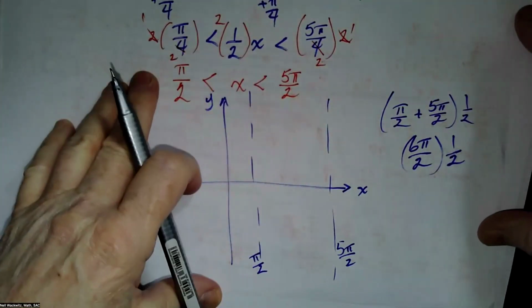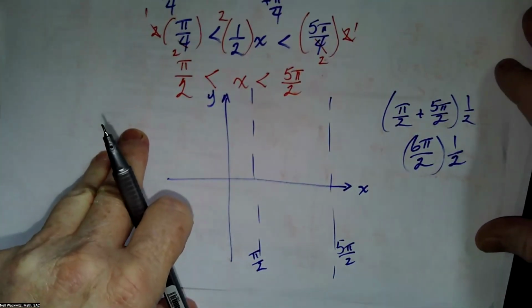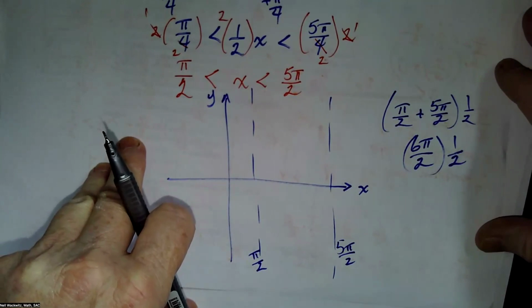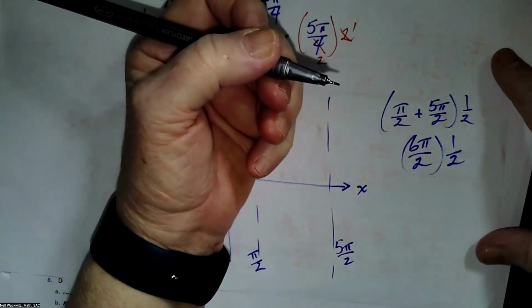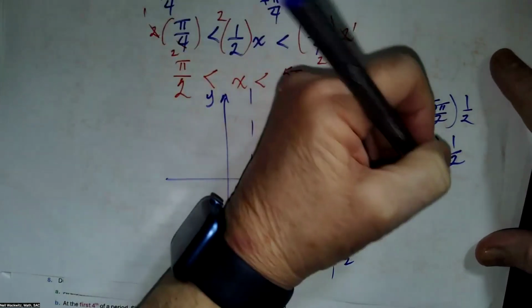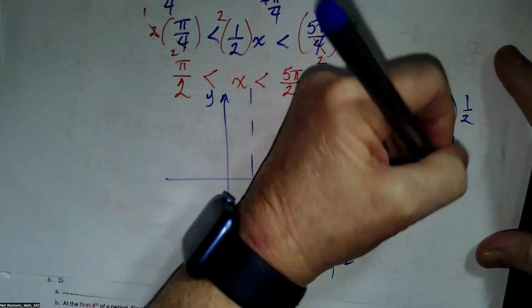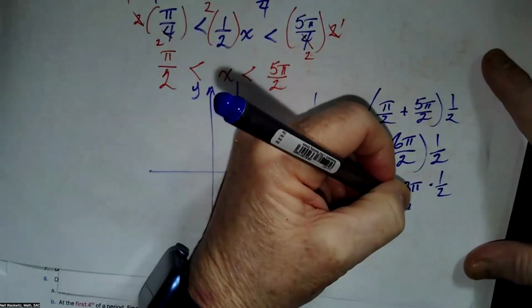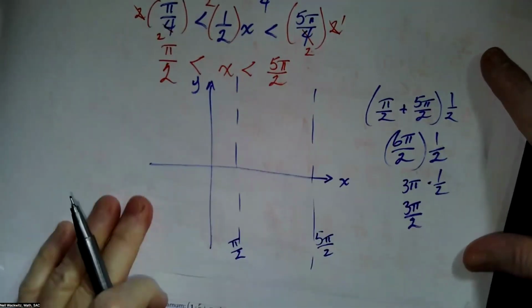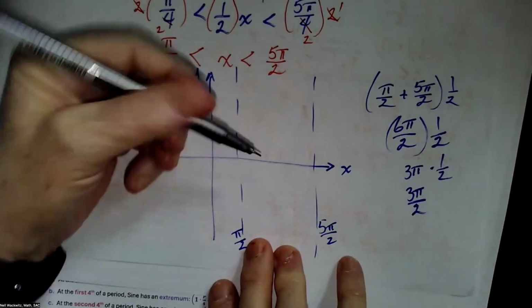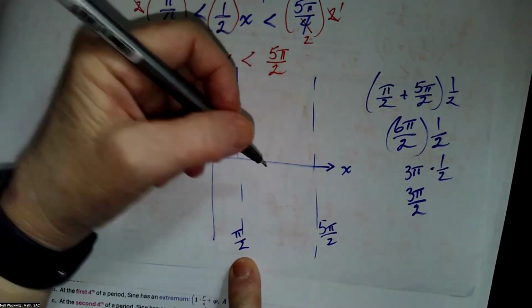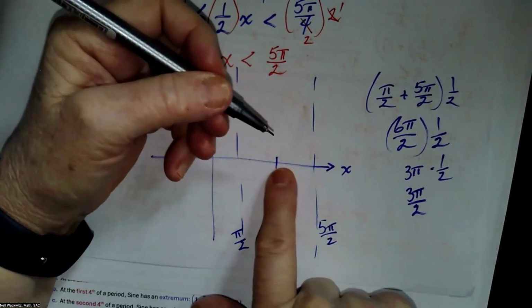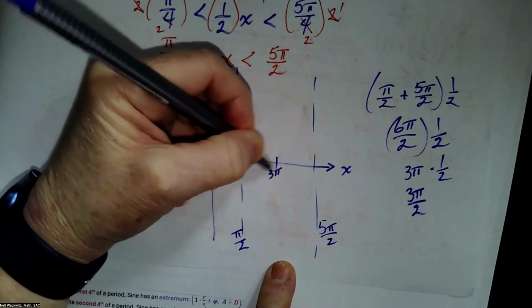What can we do with that 6 pi over 2? Reduce it. Good. To get 3 pi. Beautiful. And 3 pi times 1/2 is just 3 pi over 2. So that's nice because I can see if I counted by pi over 2s, I definitely would have 3 pi over 2 in the middle.